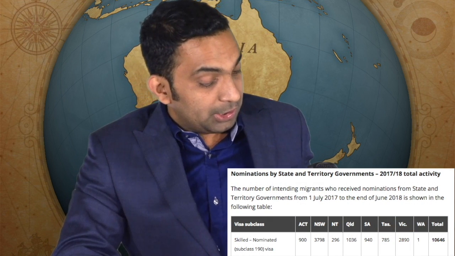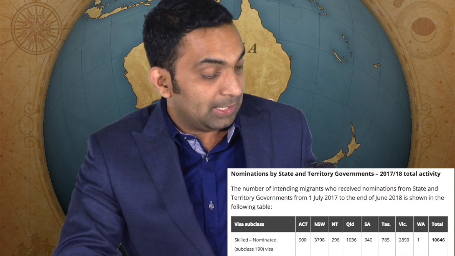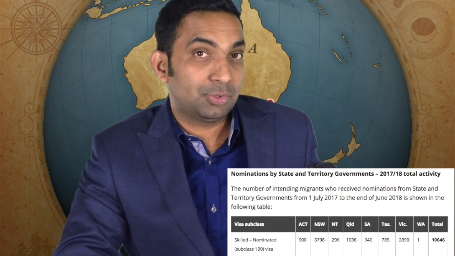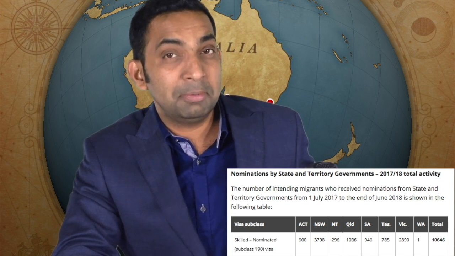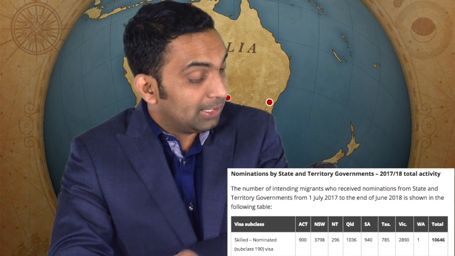But what 190 could have is perhaps a cap for all the invitations combined under one state. If you look back, the number of invitations from New South Wales was 3,798 in the last financial year, 2017-18. That could be a cap, but it doesn't necessarily mean that 3,798 from New South Wales was divided occupation-wise.